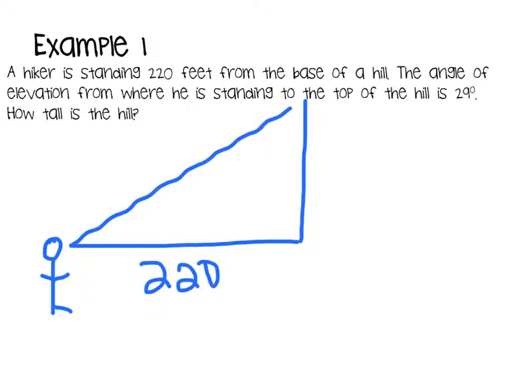He's looking at an angle of elevation, if I could draw a straight line, of 29 degrees. So that angle right there is 29 degrees. How tall is the hill? We want to know this information right here.